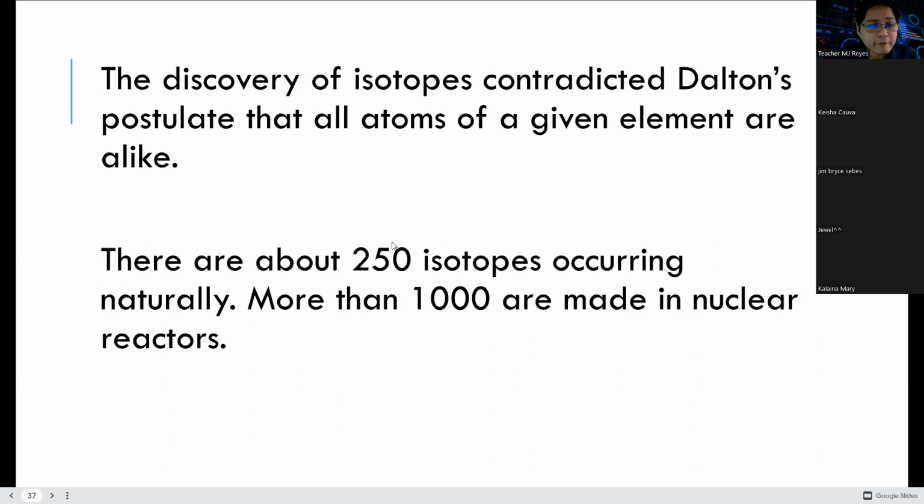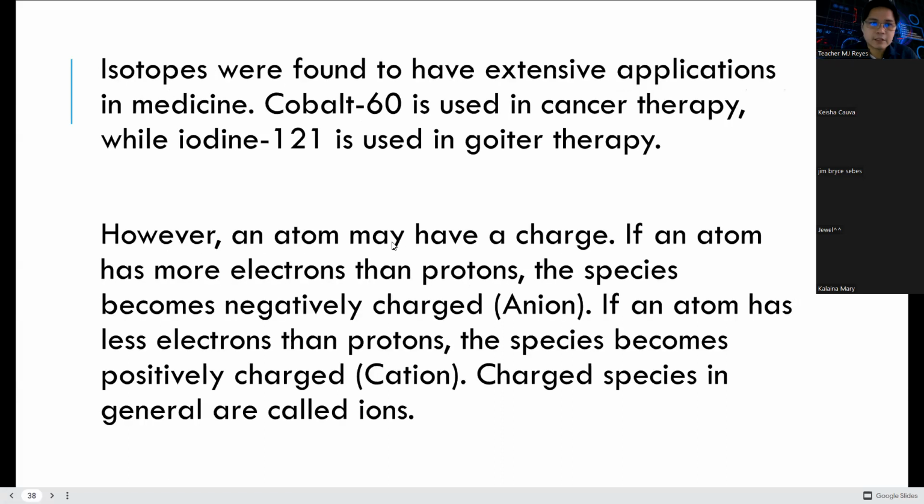There are about 250 isotopes occurring naturally, and more than 1,000 are made in nuclear reactors, because this is radioactivity. Isotopes have extensive applications in medicine. For example, cobalt-60 is used in cancer therapy, while iodine-131 is used for goiter therapy.